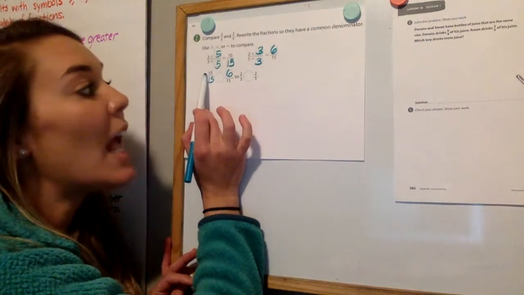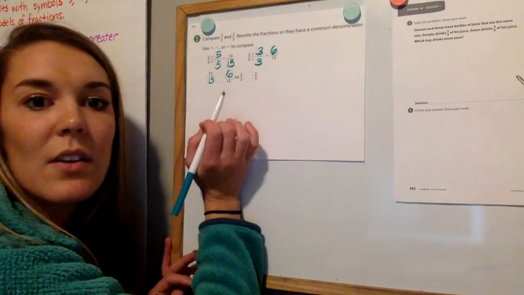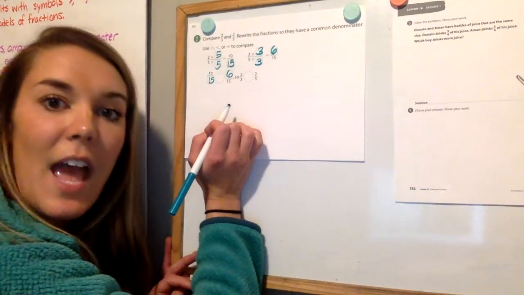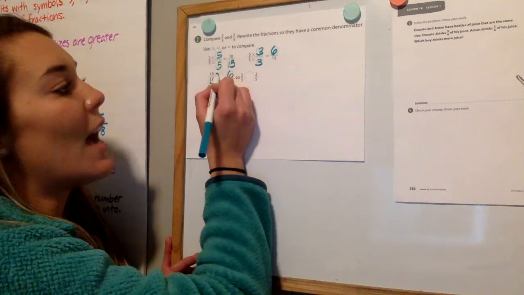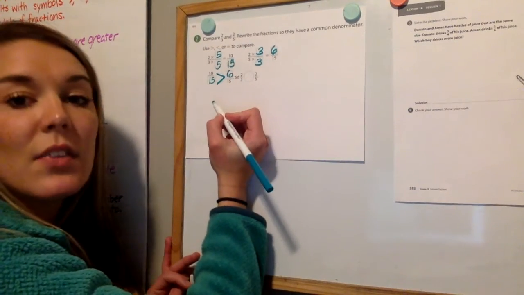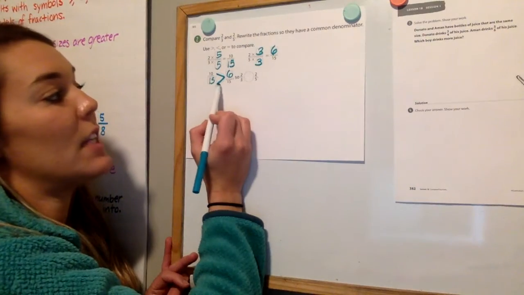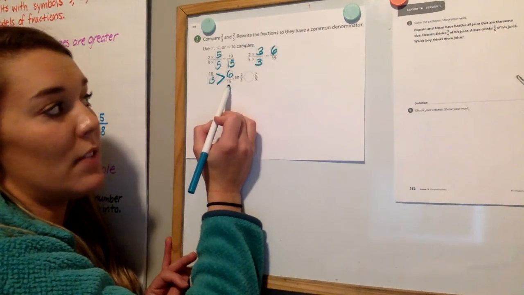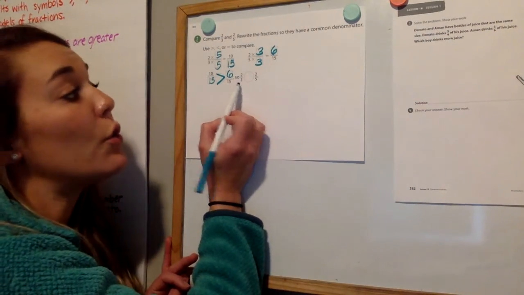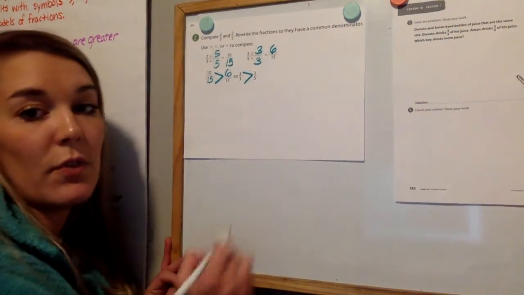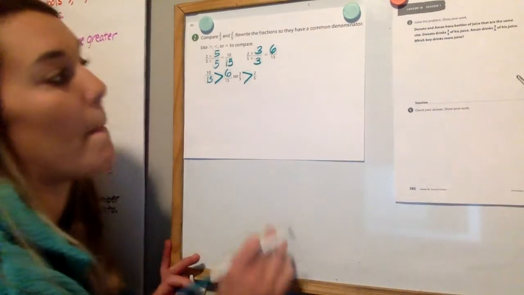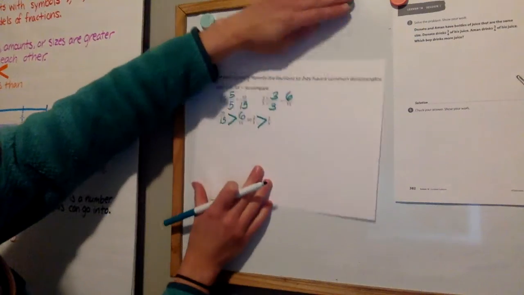So I have 10/15 and 6/15. Well, 10 is greater. So the sign is going to be open to the 10/15. So if I read this, it would say 10/15 is greater than 6/15. So that means 2/3 is greater than 2/5. Okay? All right.